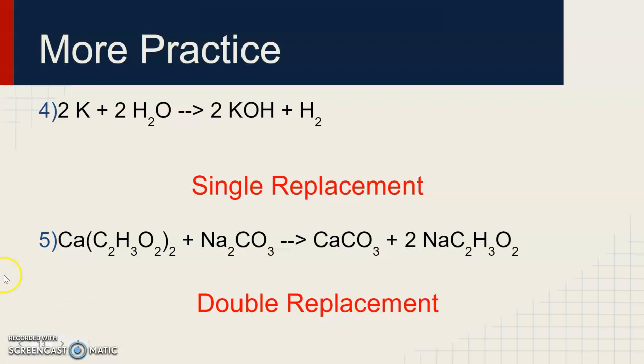So if you look, the calcium and the sodium have just switched places, so that is a double replacement. Remember, when they're both switching places to be with the other compounds on the other side of the reaction, then you get a double replacement. Single replacement, 1 single thing is moving around. Double replacement, 2 things are switching. Okay, that's the easiest way to remember that.